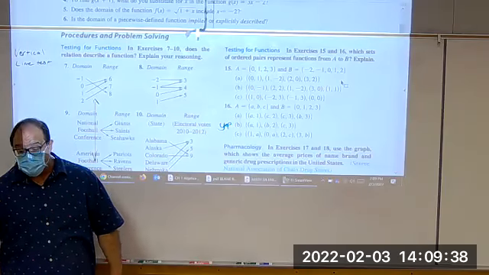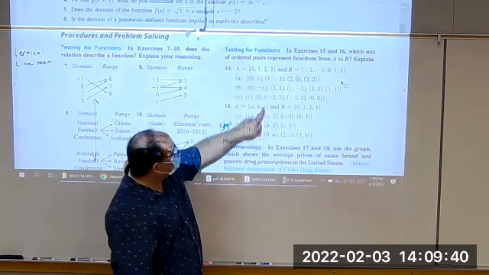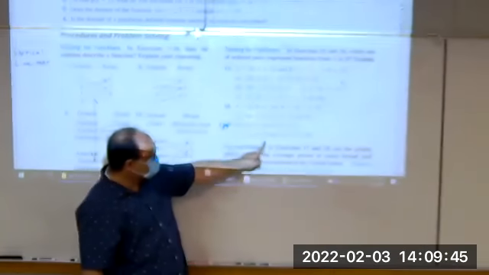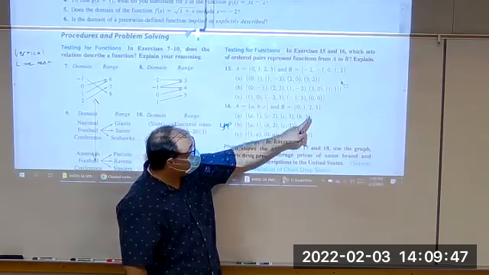If it's A to B, the domain has to be the A, B, or C. Look at the domains over here. The X's are 1, 0, 2, and 3.